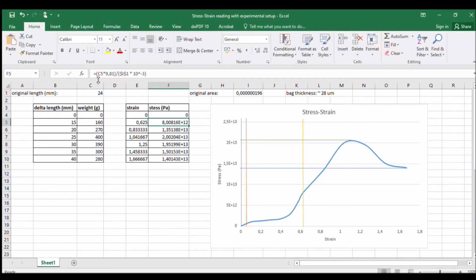It's the force, which was the weight multiplied by 9.81 to get that force value, and then we divided that by the cross-sectional area of the bag where it was necking. Remember, it's the original cross-sectional area. Okay, so once I've tabulated all this, then I'm able to plot a stress-strain graph.